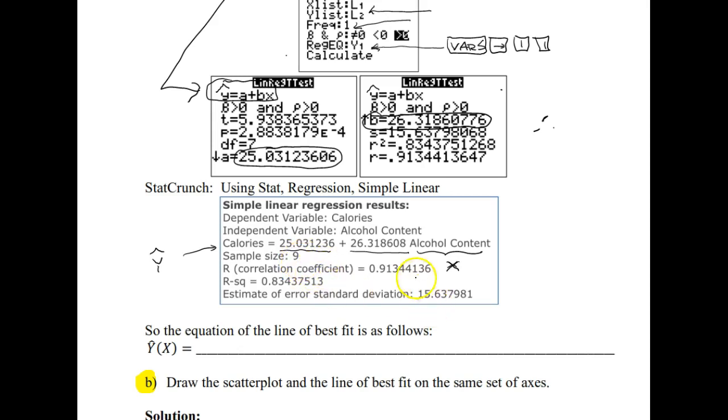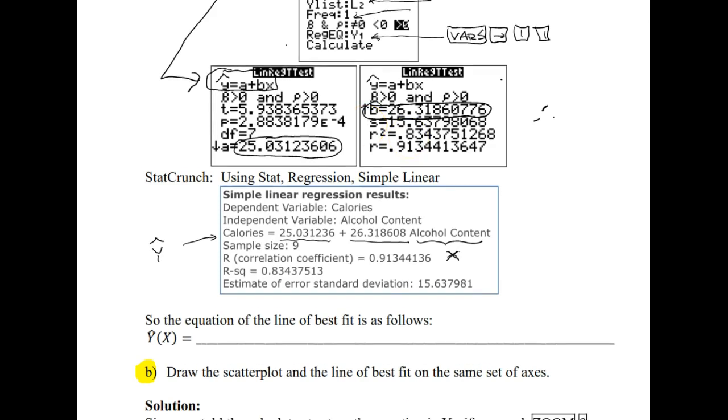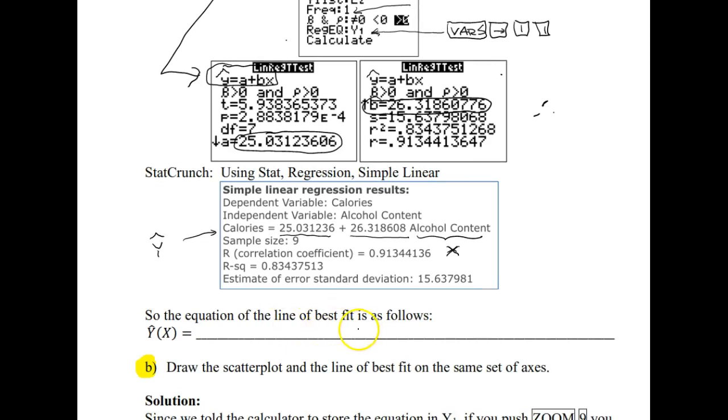There are some other things on this output screen that we're going to learn what they mean throughout 10.2 and 10.3. Right now we're just after the equation of the line of best fit.